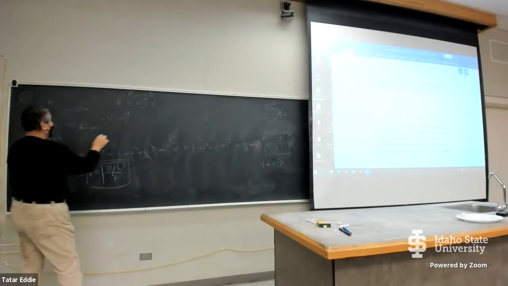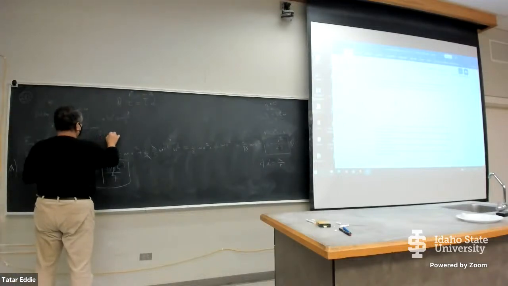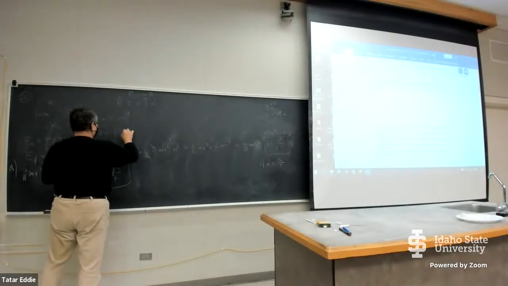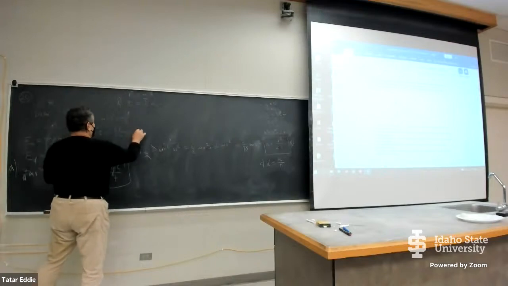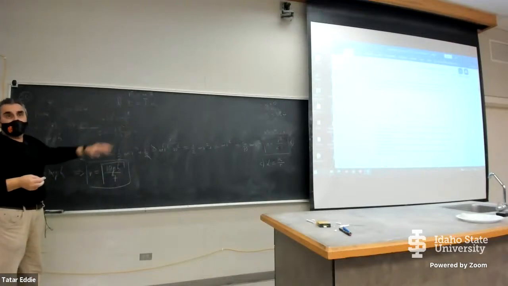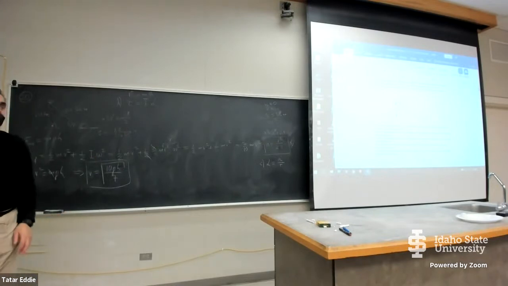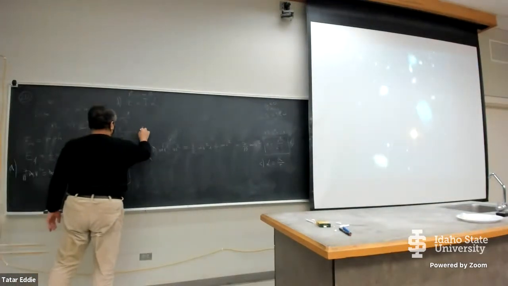And therefore, the hypotenuse S is equal to 1.8 meters divided by sine of 30. And use your calculator. It's going to give you 3.6 meters.